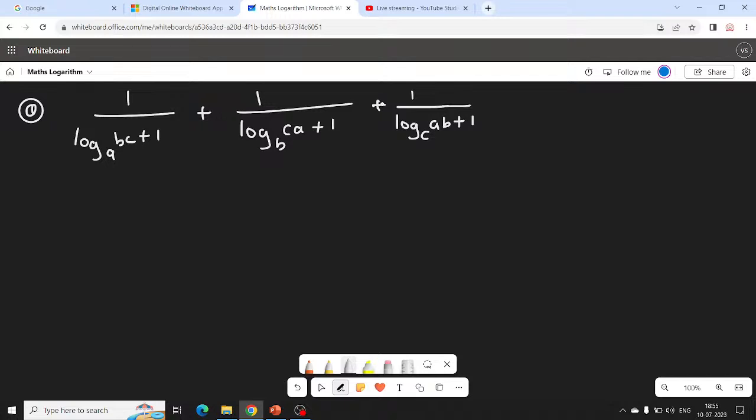Log a to the base b plus 1, log a to the base bc plus 1, plus log b to the base ca plus 1, plus log c to the base ab plus 1. Try again.